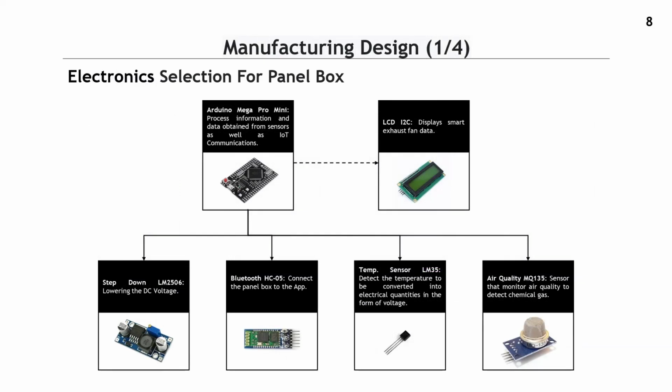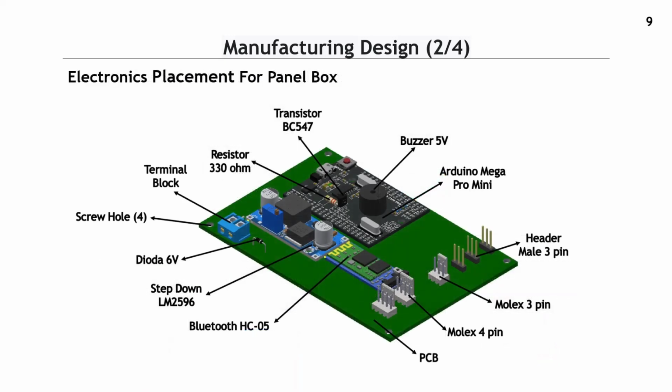Next, we go to manufacturing design 1. Here, the block diagram after selecting the electronics for the panel box is presented. And next, manufacturing design 2, the electronic placement for the panel box is also presented here, with every part's name.